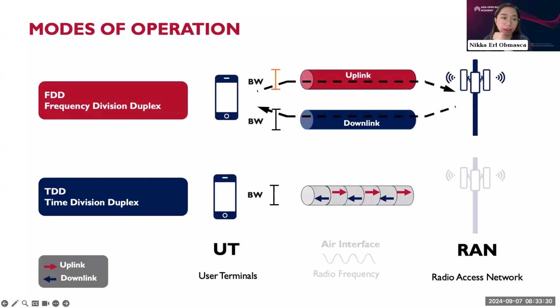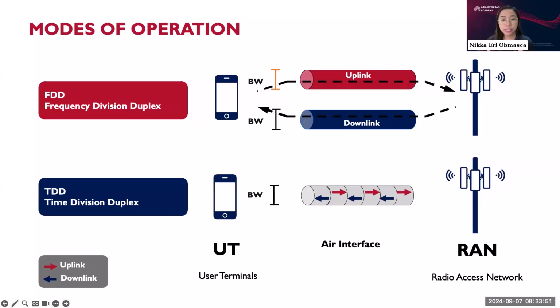Next is we have the time division duplex or TDD. So paano naman kapag TDD? So it is a duplexing technique naman that is used in telecommunications to transmit and receive signals on the same frequency. So pag FDD, different frequency.